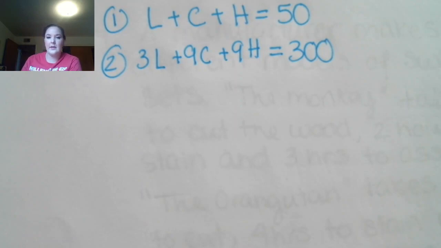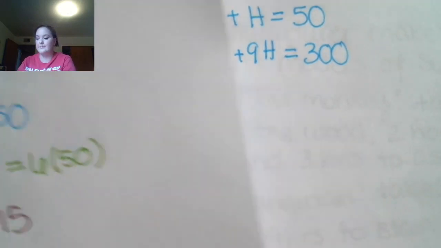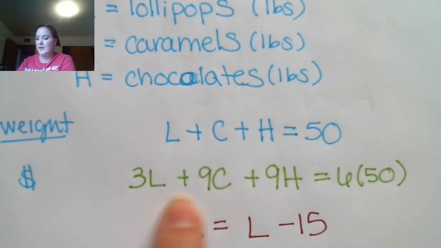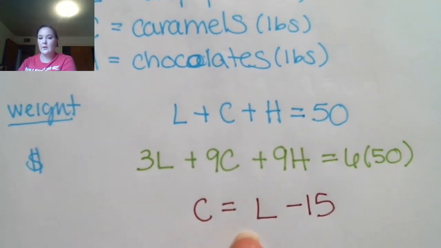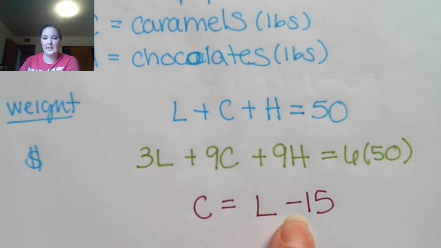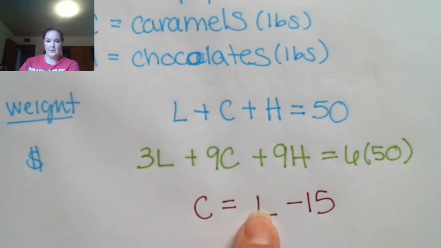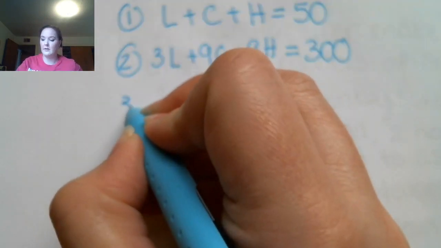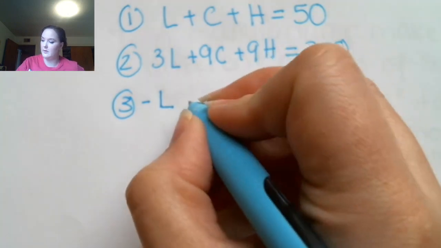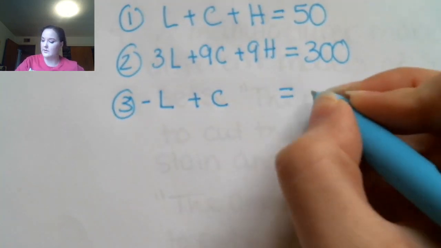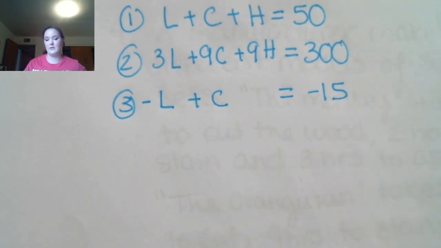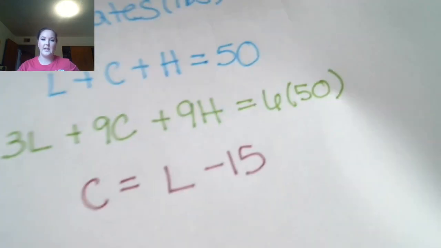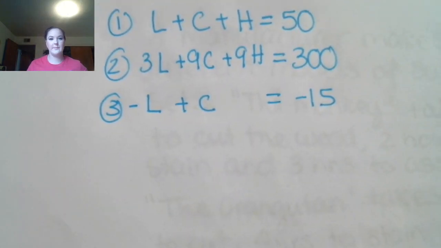For the last one, we're going to rearrange it so that everything is in the order we think it should be in. I want L to go first, so I'm going to subtract L from both sides, and that gives me negative L plus C equals negative 15. I'm just rearranging that last equation so that it's in the same order as all the other ones.